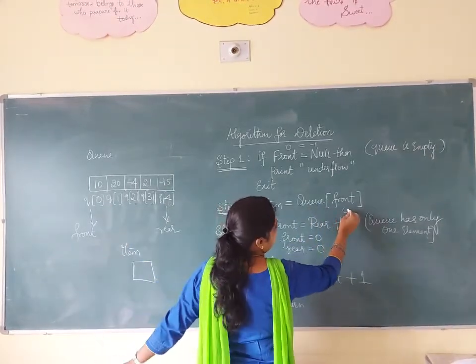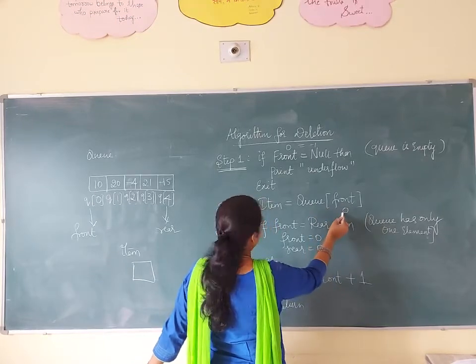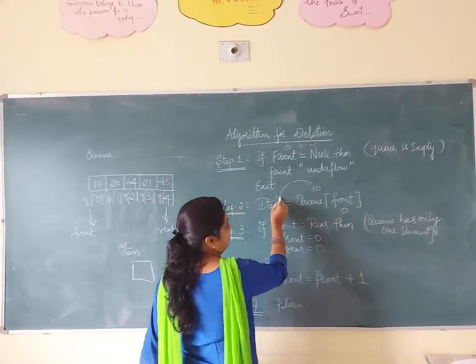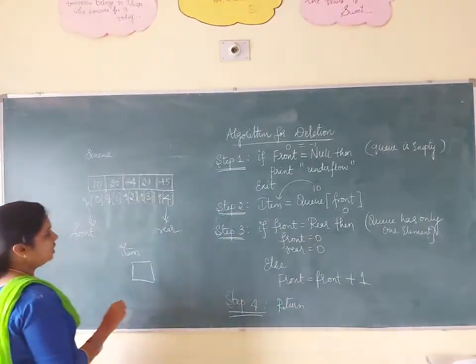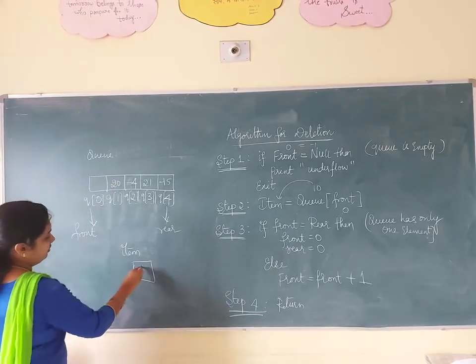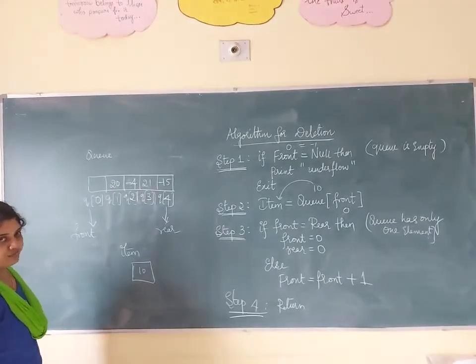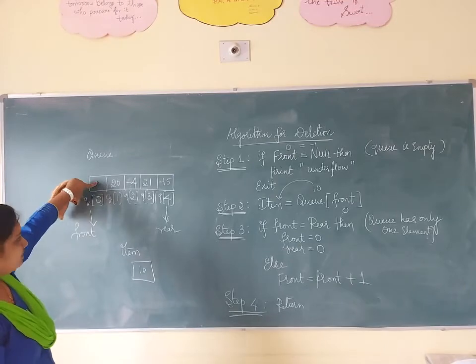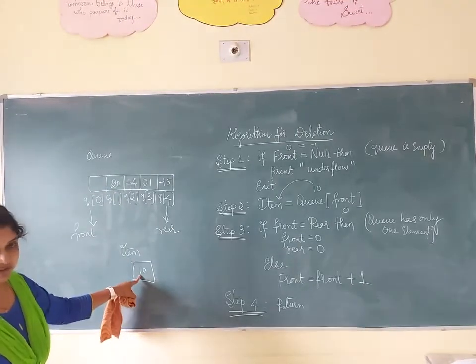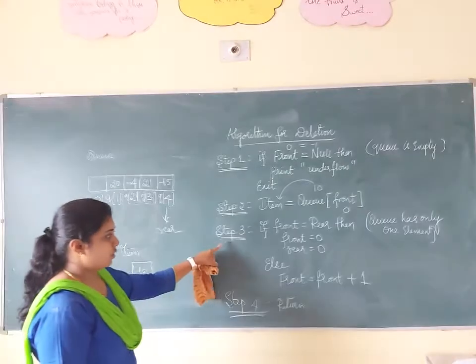That is 0. In queue of 0, which element do I have? 10. That will be assigned to the item variable. So the 10 will be taken and stored in the temporary variable, that is item.